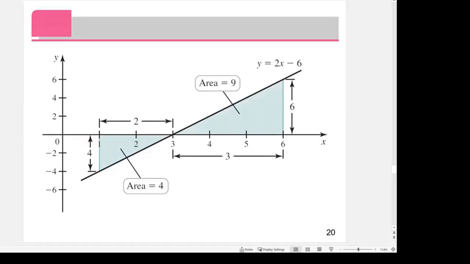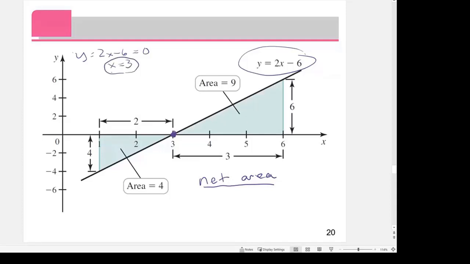So for this problem, if we want to know what the net area is, the first thing we always have to do is, if I was given y equals 2x minus 6, find where my 0 is. I would set this equal to 0, and I'd get x equals 3. That's my 0. Let's say I go from 1 to 6 here.